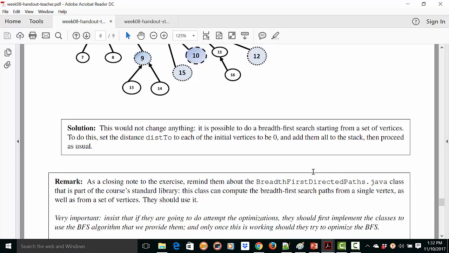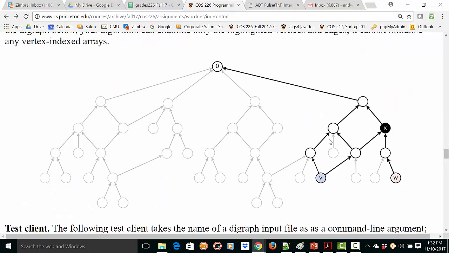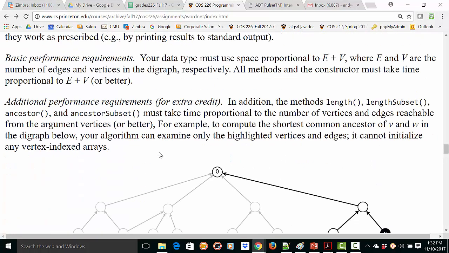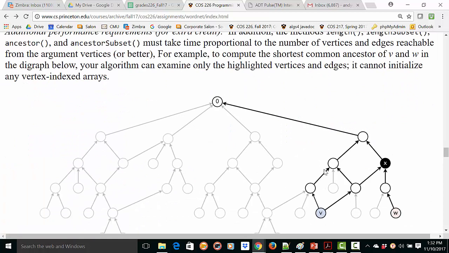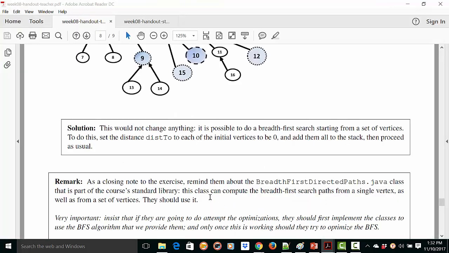I think the assignment spreadsheet tells you that if you want to optimize, given two vertices, you should only be looking at the BFS from those two vertices. That's an important part of the assignment. You have to write your own methods to do that if you want to get that extra credit.